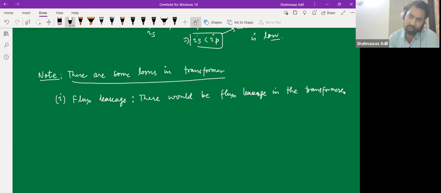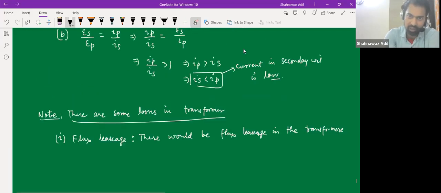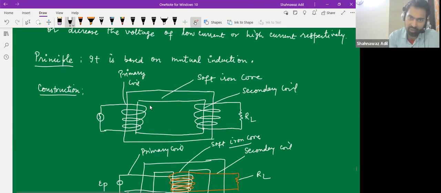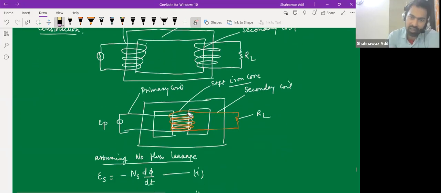It may happen that some flux will pass in this way, so all the flux will not pass through this secondary coil. So to prevent that, we wrap them around simultaneously. We overlap them, and in this way we can reduce the flux leakage.